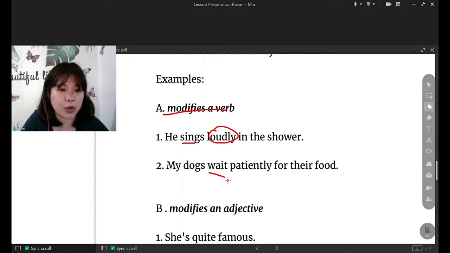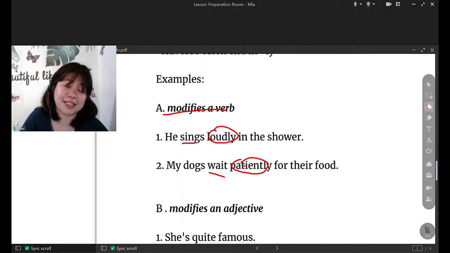Our verb here is the word wait. So what word modifies or describes the verb wait? That is patiently. But I think I have to change this sentence because my dogs, most of the time, don't wait patiently for their food, but I'm just kidding.